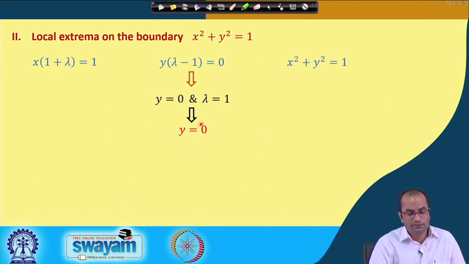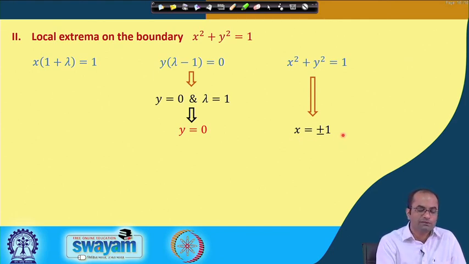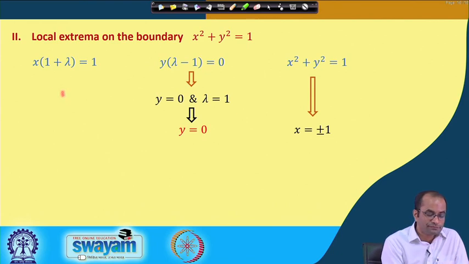Now, for y is equal to 0, from the third equation, we have x square is equal to 1. That means x is equal to plus minus 1. This equation is also satisfied. So, if we have y is equal to 0 and x is equal to plus minus 1, these two equations are satisfied. Now, from the first one, having x is equal to plus minus 1.